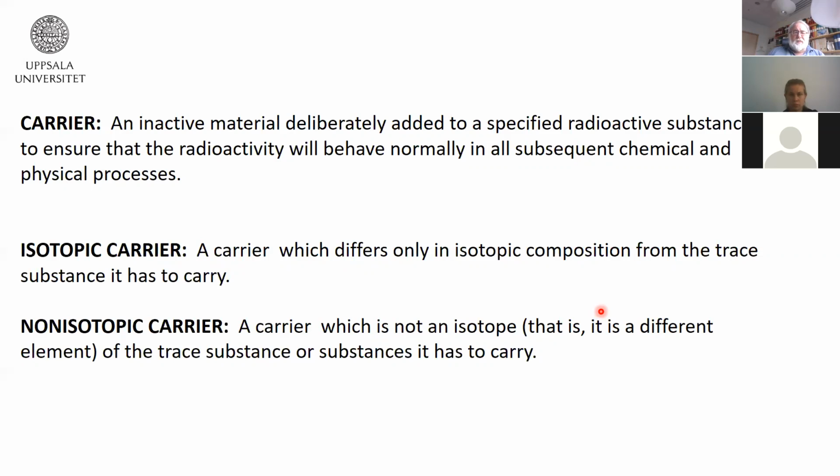For example, one could use rhenium as a non-isotopic carrier for technetium. So it simplifies life for radiochemists. And a lot of interesting and important work has been done using carrier-added nuclides.